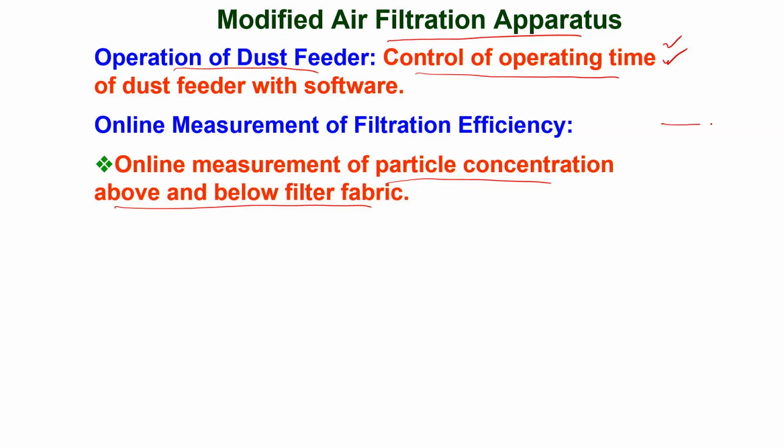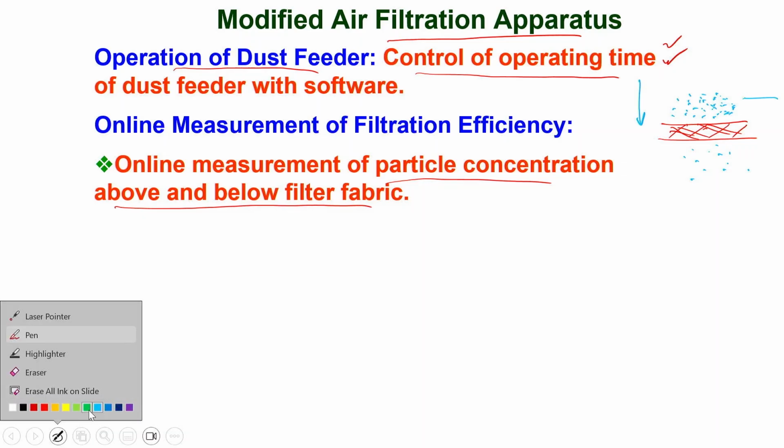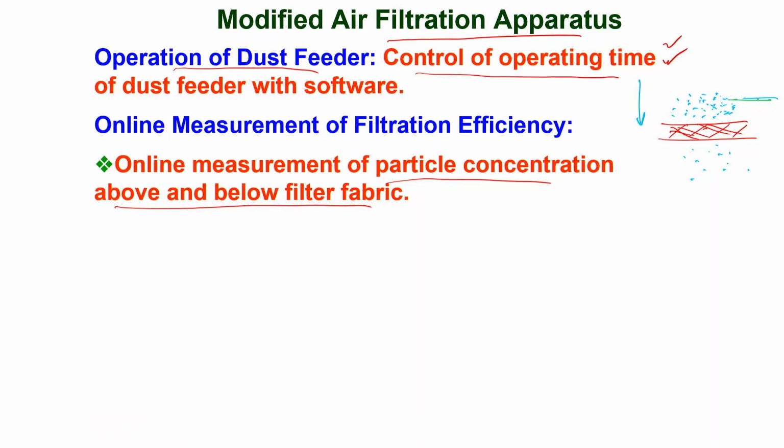So, here this is the filter medium, okay, and at the upstream side the particles are there, this is the particle, and then the downstream side, and there will be two separate particle counters.